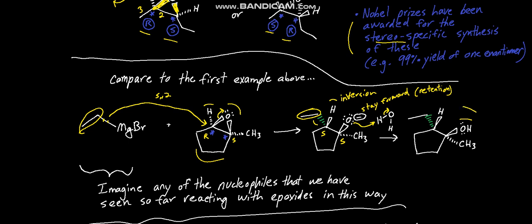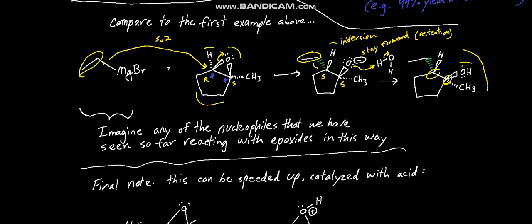So it's easy to see why those Nobel Prizes were awarded, maybe, because imagine an important drug-like compound. The stereochemistry at these positions is critical. As we know, some drugs are drugs if it's the right chirality, poisons if it's the wrong chirality. So the other thing is, filling in the final piece of all this, really we can plug in any nucleophile that we've seen to date here.